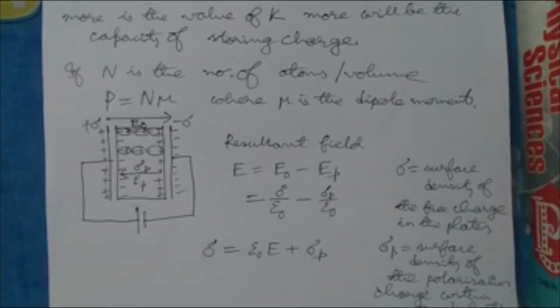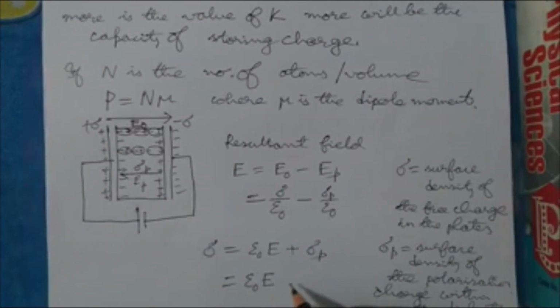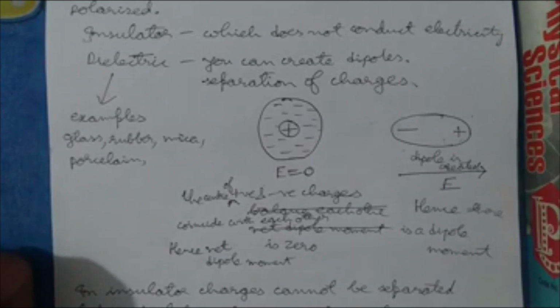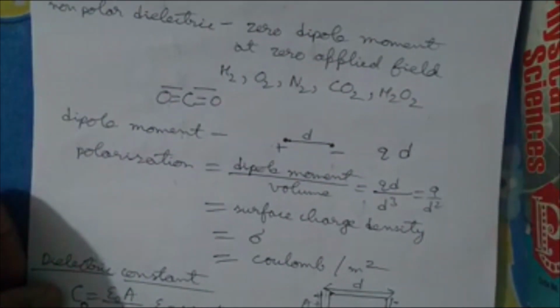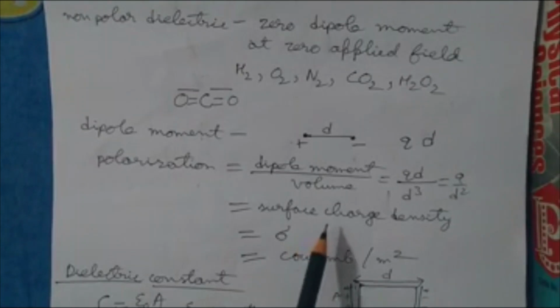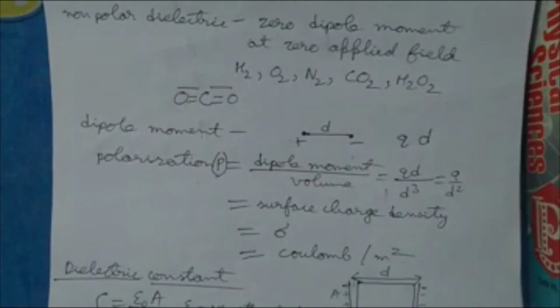Now sigma p I had shown in the earlier lecture: the polarization, actually P. So sigma p will be equal to P.